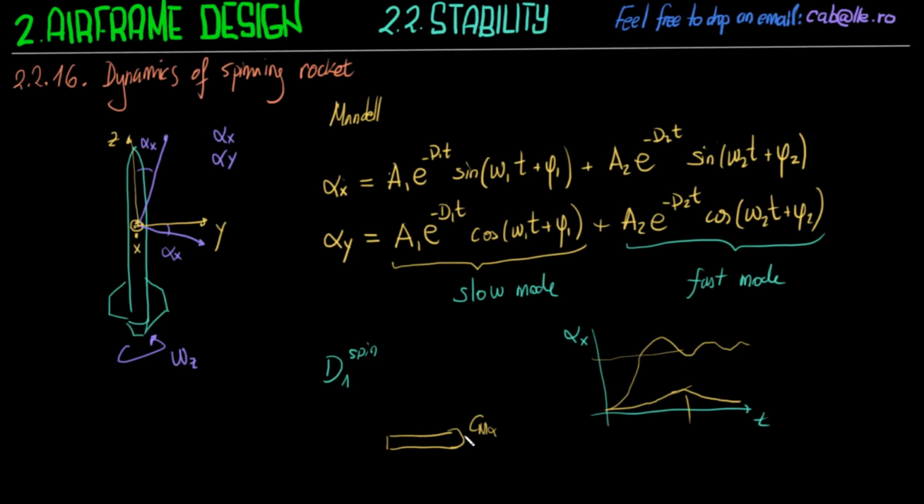If this is spinning super fast, then if it finds a certain angle of attack, it's gonna be super stable, and it's gonna take ages to feel that perturbation, and maybe then again in a bit of time the perturbation is gonna be out. So that's the idea behind roll stabilization.